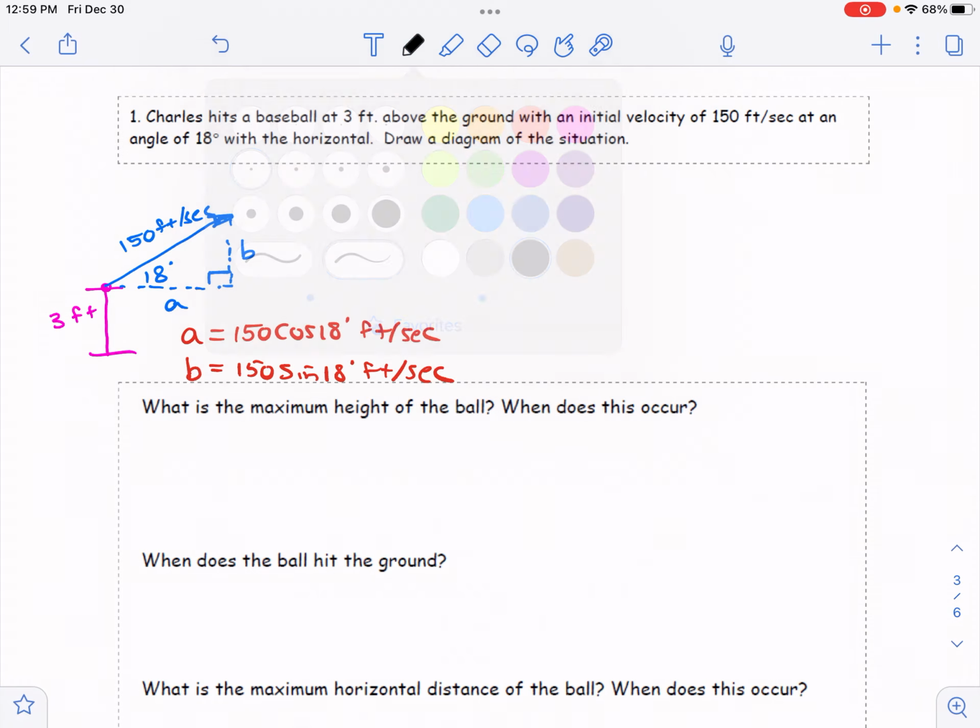From this, we can get our parametric equations. So let's write those down, because those are sort of the source of everything we need.